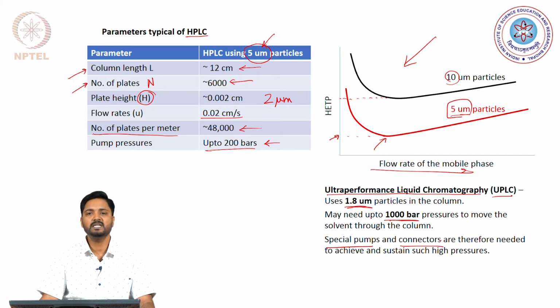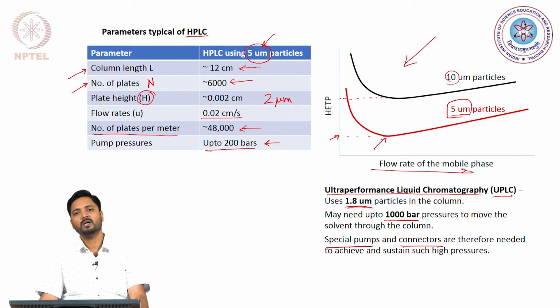So, these will increase the costs for the system considerably, and this aspect needs to be kept in mind when choosing whether to go for an HPLC or a UPLC.